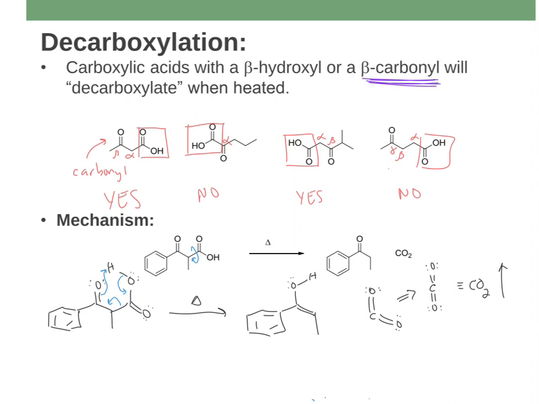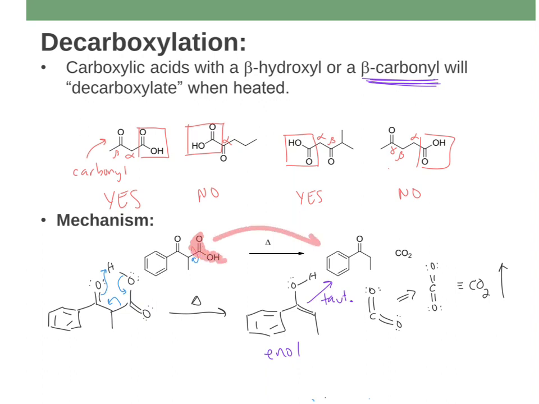And then if you remember, this is an enol. And we said to never just stop at the enol, you have to tautomerize. And so then you tautomerize back to give you that carbonyl back. And so overall, functionally, what looks like happened is that wherever your carboxylic acid is, you basically just erased it.